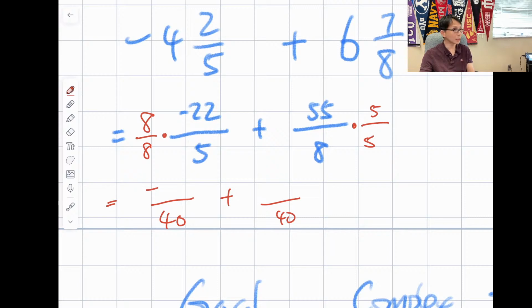Okay, can anybody help me? 8 times 22. 176. Okay. And this one is gonna be 275. Is that okay? 40, and then that's what? Negative 99. How many of you guys got it right?